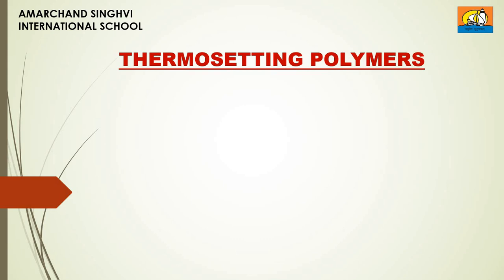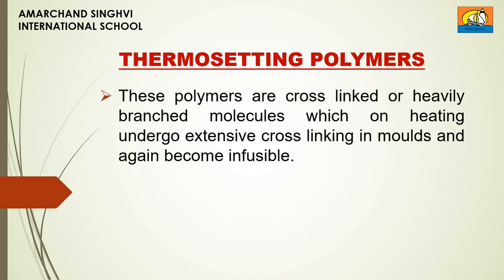Now the last category is of thermosetting polymers. These polymers are cross-linked or heavily branched molecules which upon heating undergo extensive cross-linking in molds and become infusible.